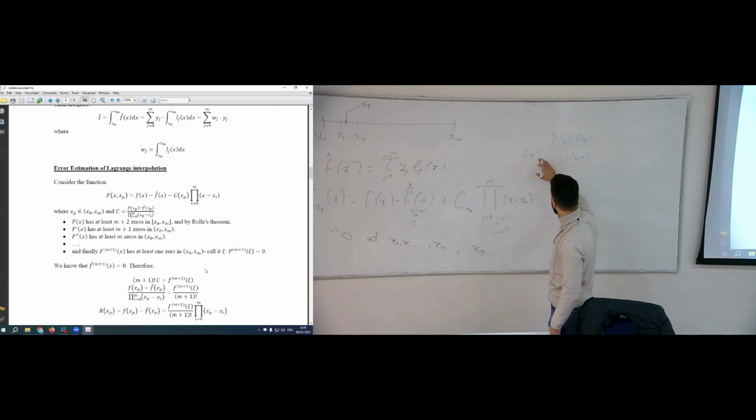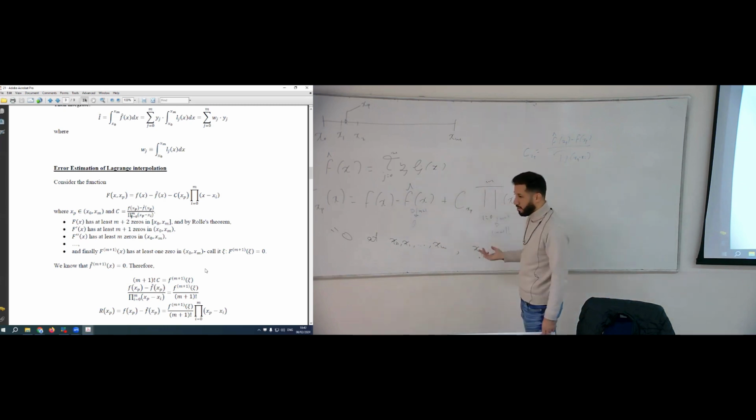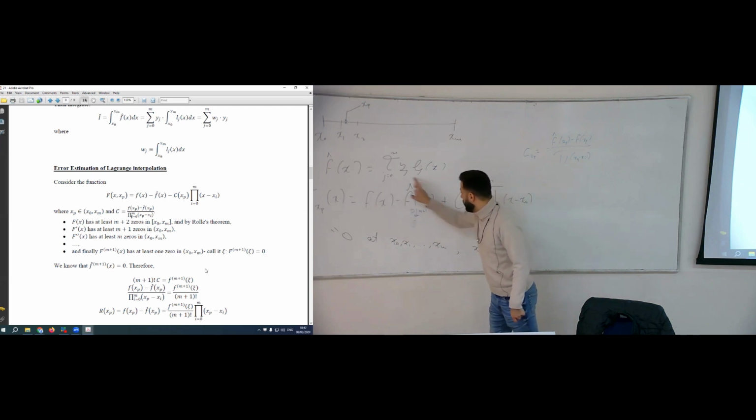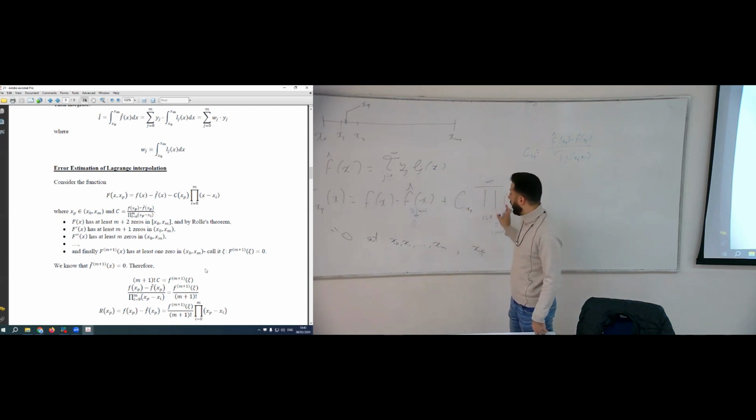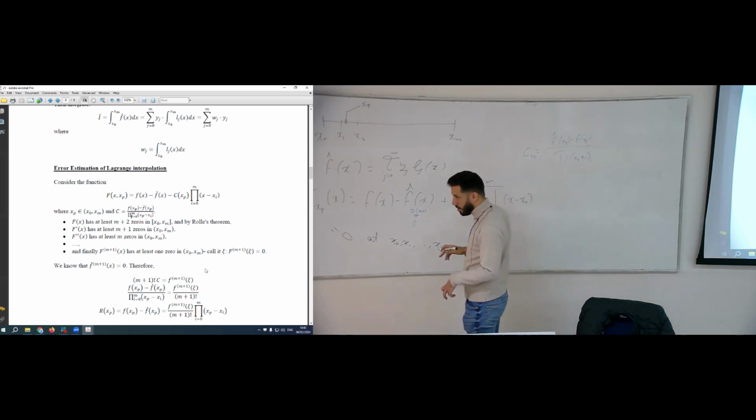So when you plug in only xp here, this would be this minus itself. So it's 0. I built it like this. Okay. It's clear?